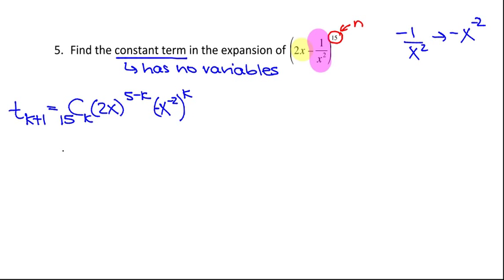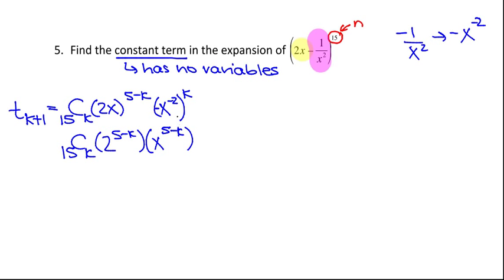For 15ck, I'm going to expand this exponent to the 2 as well as the x and separate them. So I'll have 2 to the power of 15 minus k, then x to the power of 15 minus k.